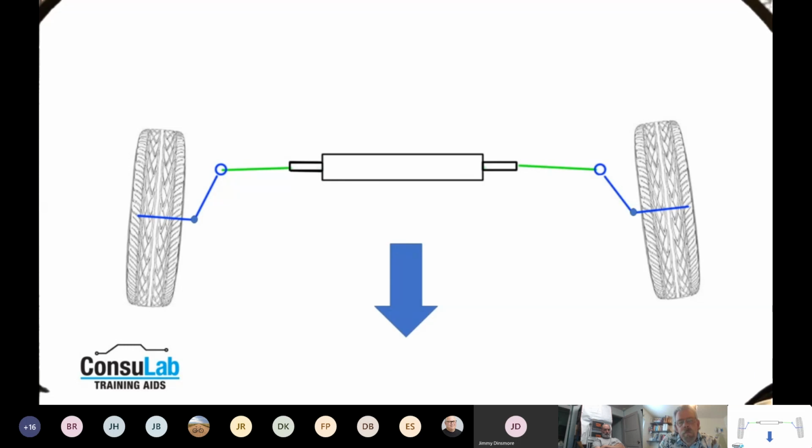Other things that can affect this is the mounting of the rack and pinion. If the rack and pinion is not secured to the vehicle, or if we got bad mounts or things like that where it can move around, then again, those are things that are going to affect the angle, can actually affect the toe out on turns.